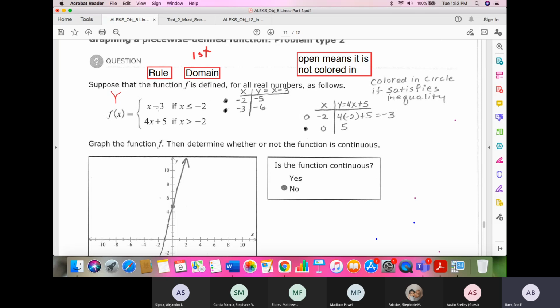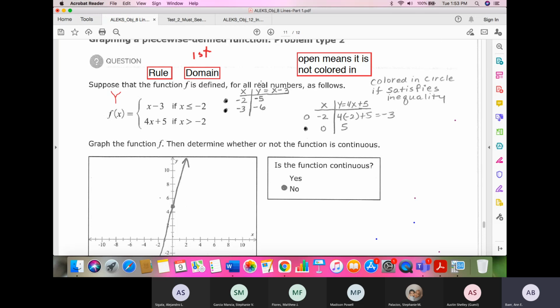So y equals x minus 3. And you see I have that written above here. So to find our y, we just take each x here, -2, plug it in here. -2 minus 3 is -5. -3 plugged in here, minus 3 is -6. So that's where those ordered pairs come from.